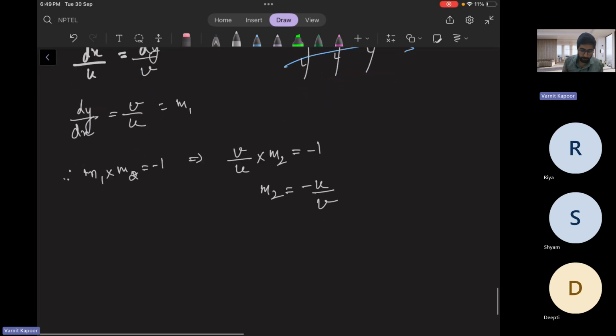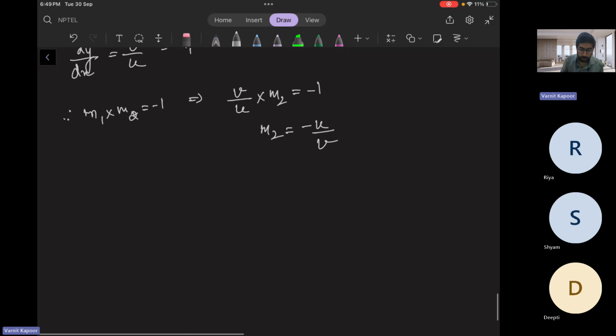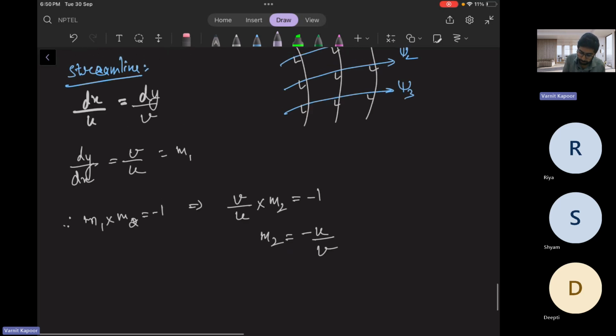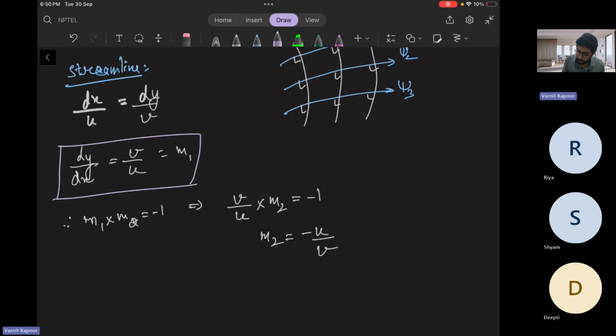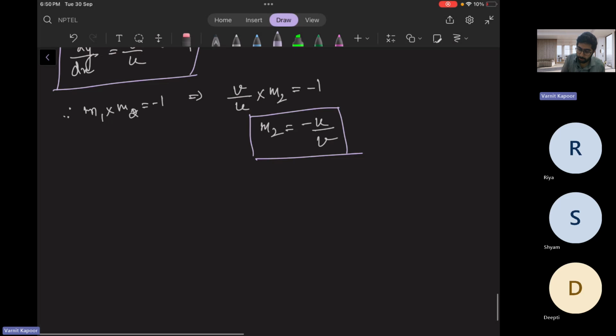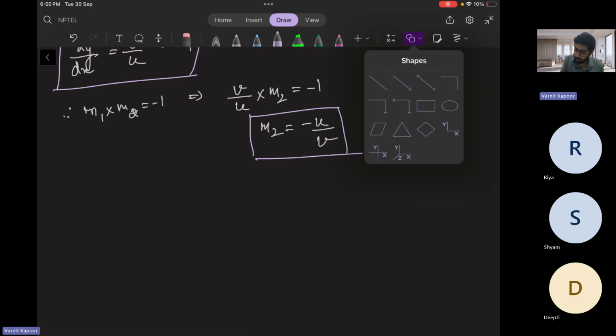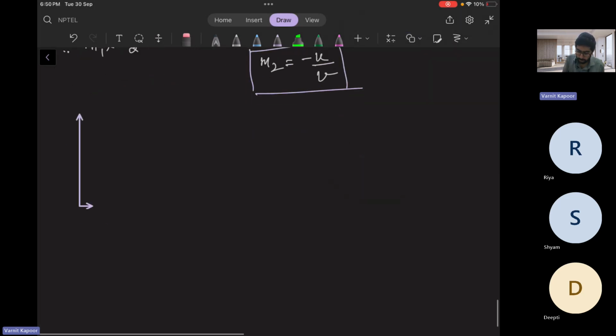If I draw an axis here, first of all let me mark them. This is the y-axis, this is the x-axis, and this is my streamline.